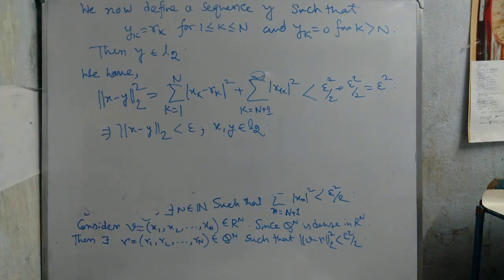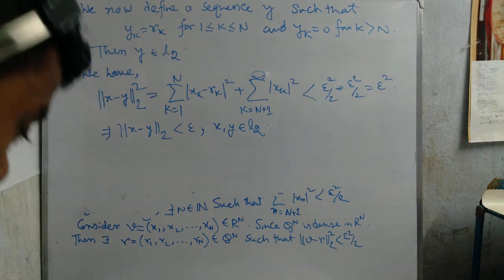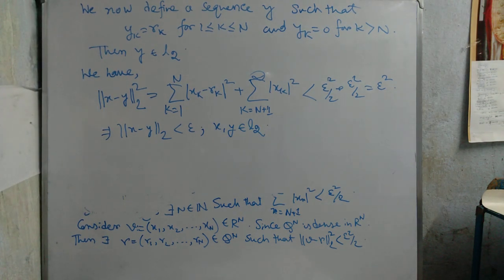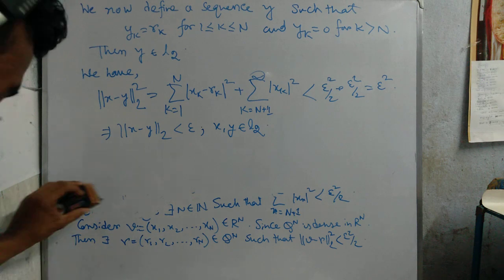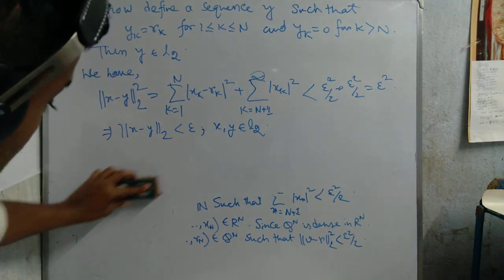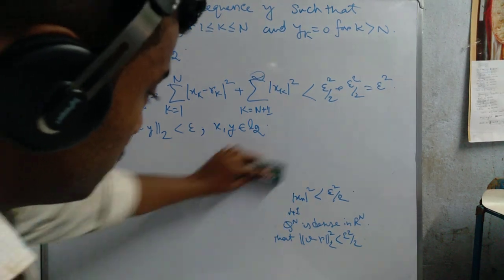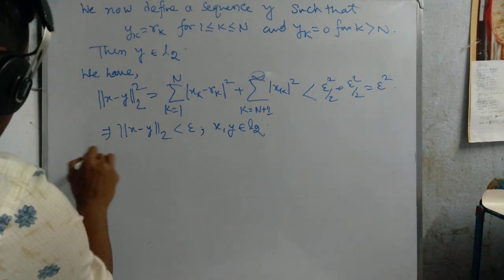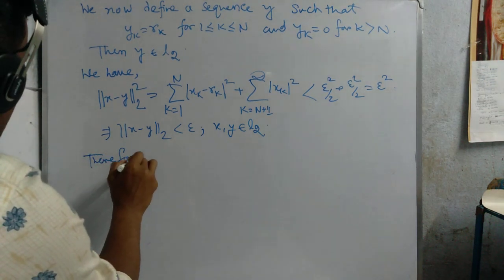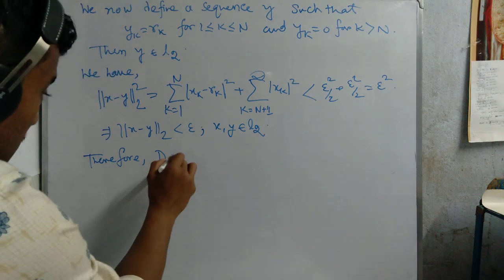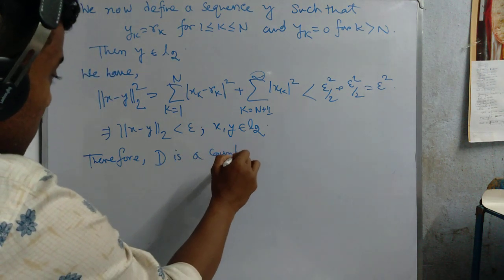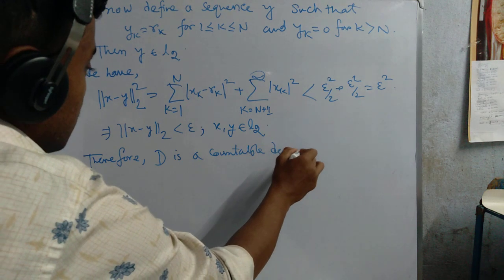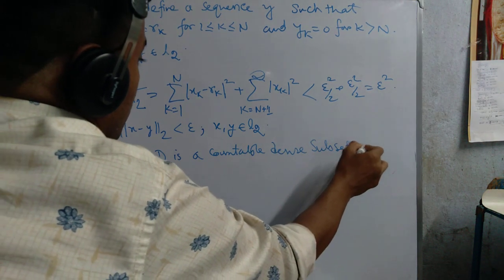Here x is any given element in L2 and y is the element we chose. So we conclude that D is a countable dense subset of L2.